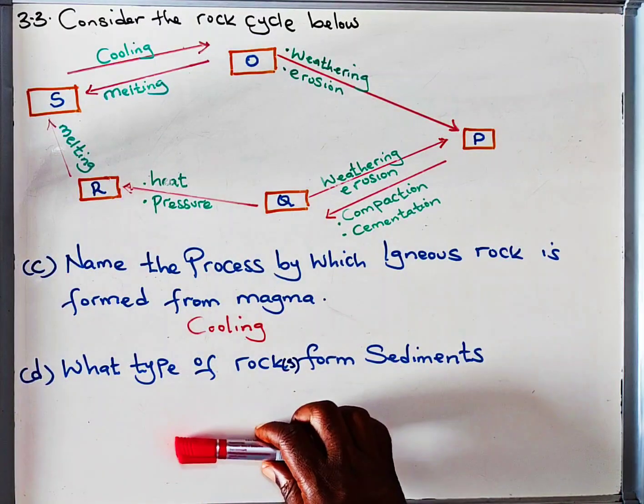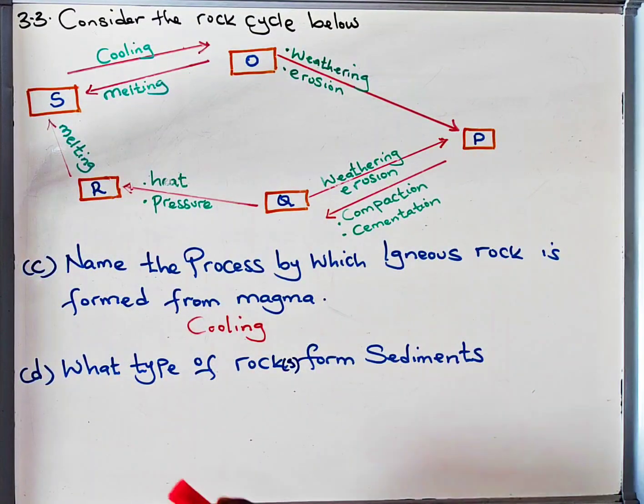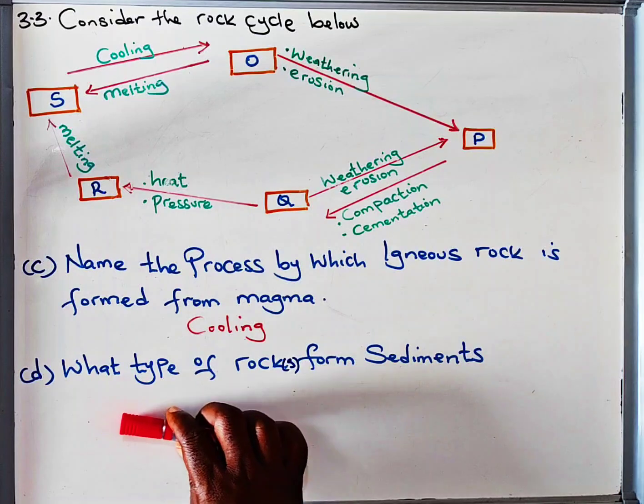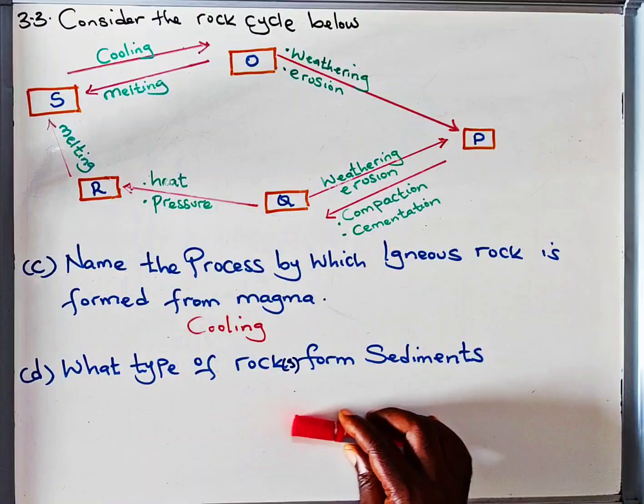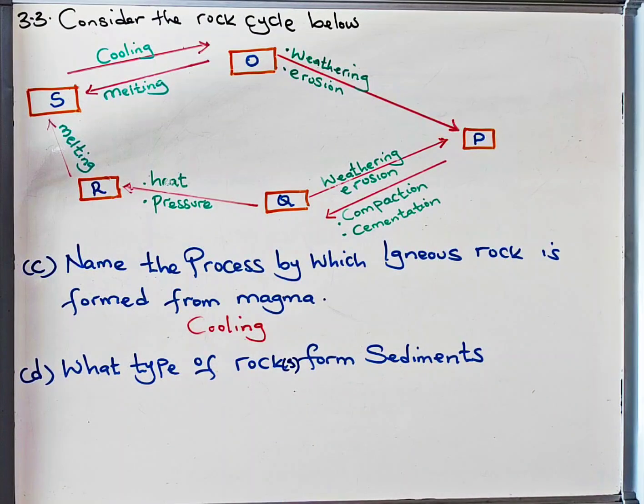Then we come to this question. It says, what type of rock or rocks form sediments? Like I told you before, sediments are loose particles which tend to come together, but they are bonded loosely, and it's normally formed after erosion.